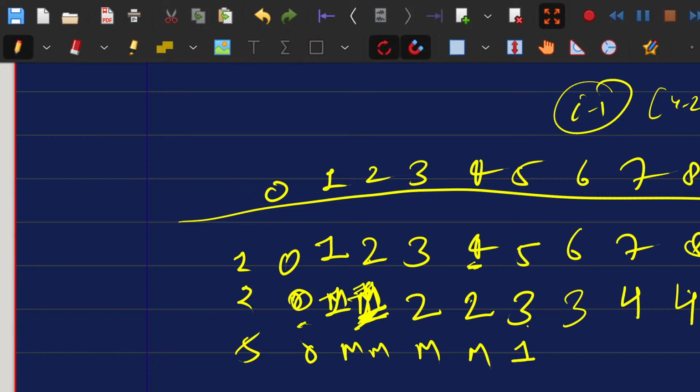Yeah, it should be 1 like this. One here, right? Two here.